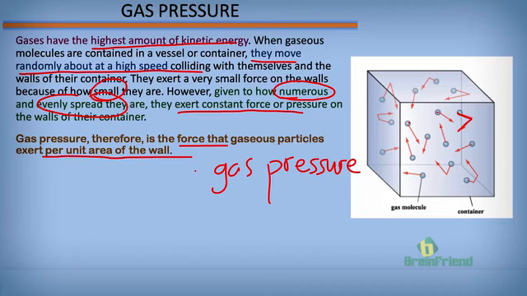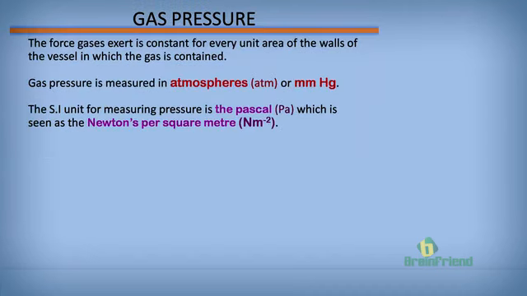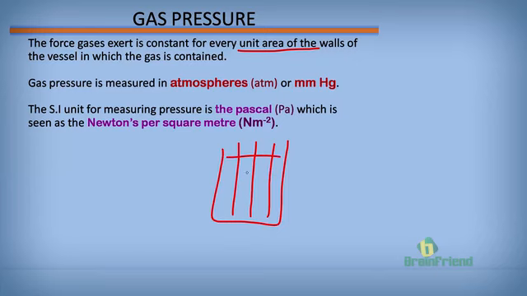of the wall. Now, the force gases exert is constant for every unit area of the walls of the vessel in which they are contained. So if you have a vessel, of course, it's going to contain several units.